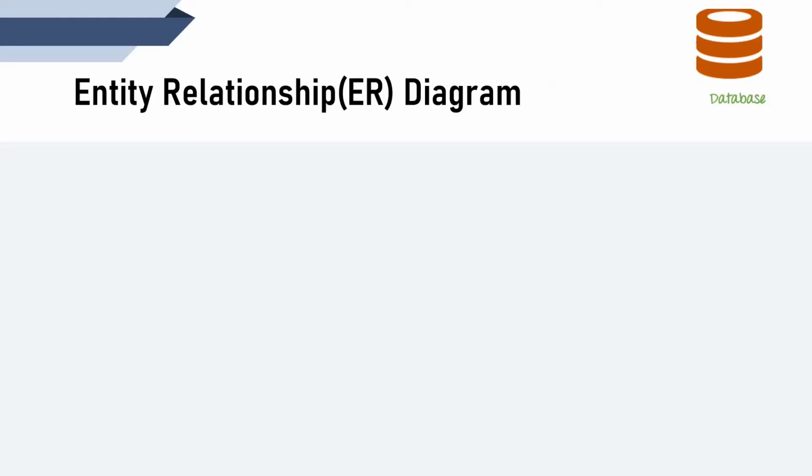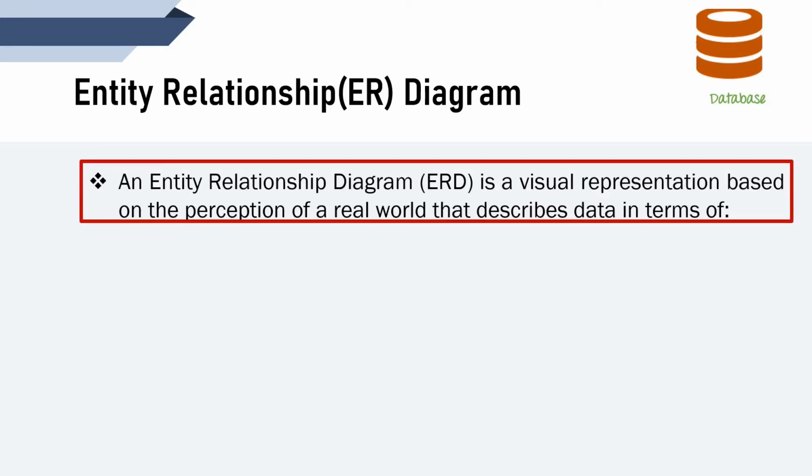So what is entity relationship model? Now from today, we are actually going to the very basic visual or graphical tool of relational model. In ER model, or ER diagram, we are actually showing three things.